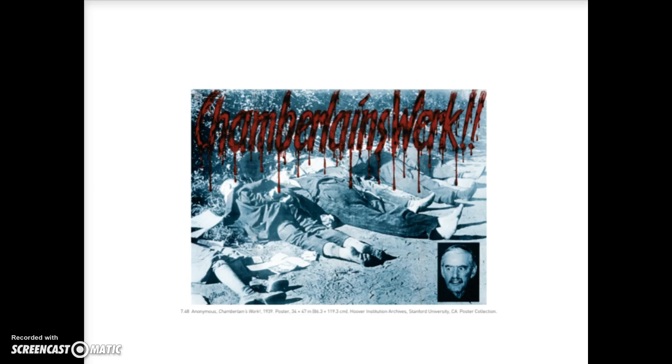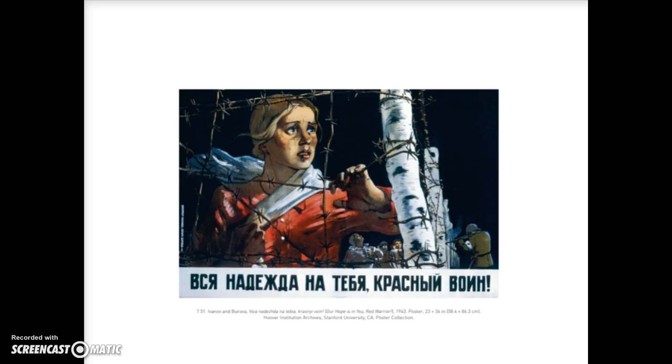So this image is juxtaposed by the dripping red letters saying Chamberlain's work. They're just trying to further illustrate that this is an atrocity and is supposed to influence the public's opinion.